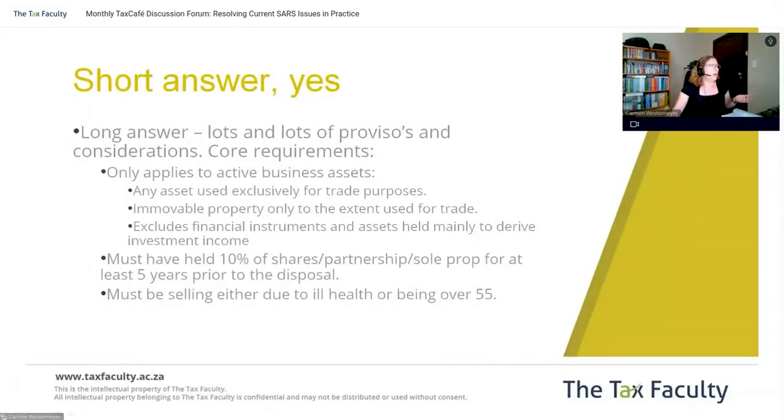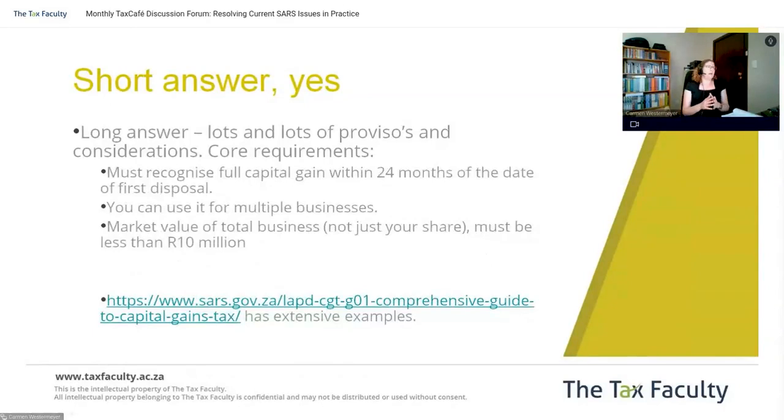So your IP and the royalty agreements would definitely qualify as active business assets, right? So from that point of view, so far, so good. This is unfortunately, however, not where it ends, because in addition, you have to recognize the full capital gain within 24 months of the date of first disposal.